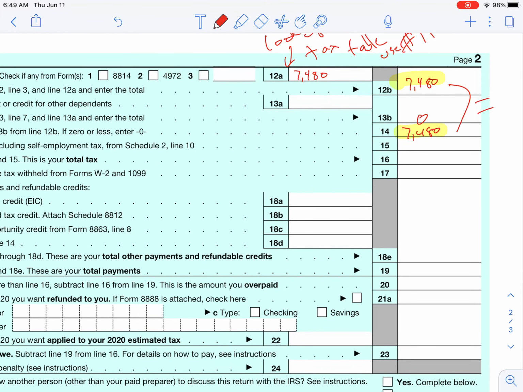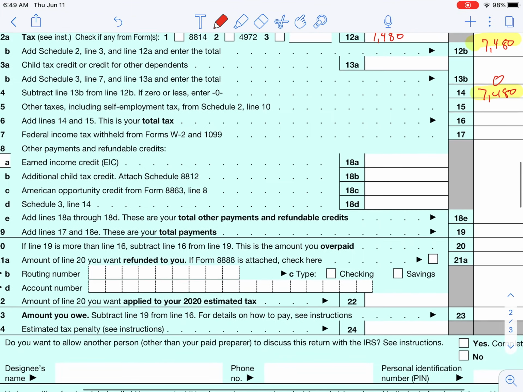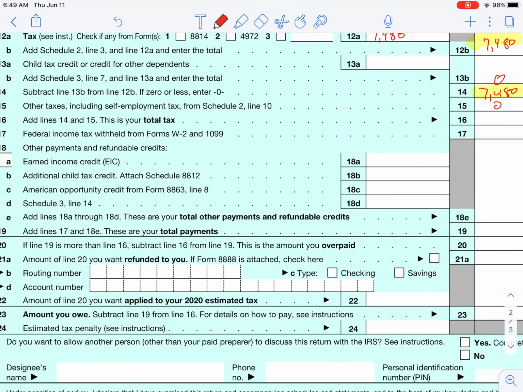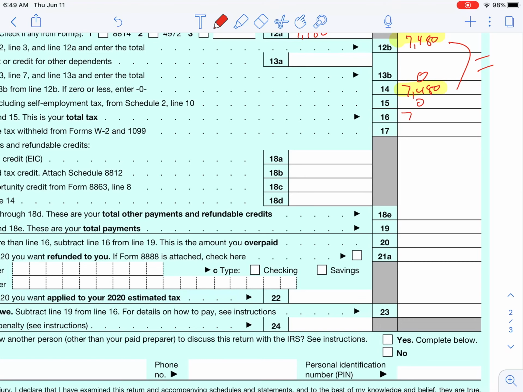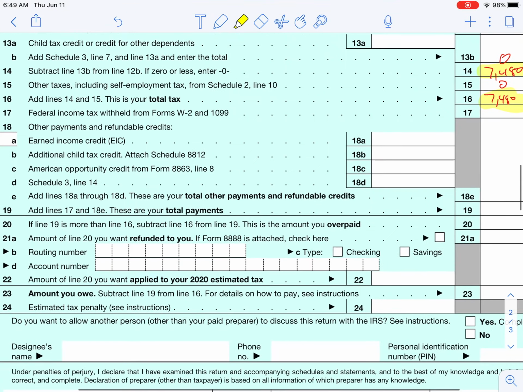Again, these will equal 15. We're not going to have any other taxes. 16: 7,480. Again, these will equal always.